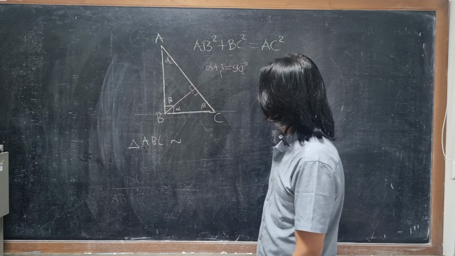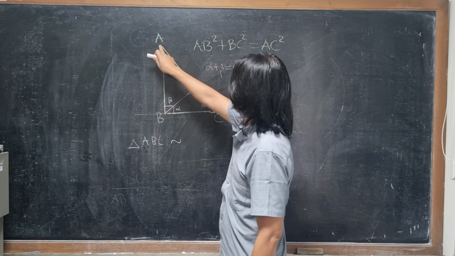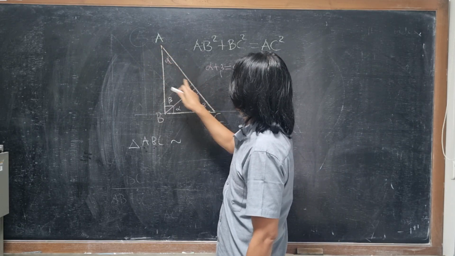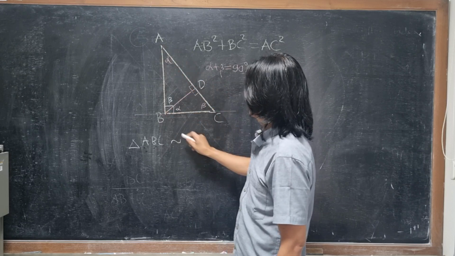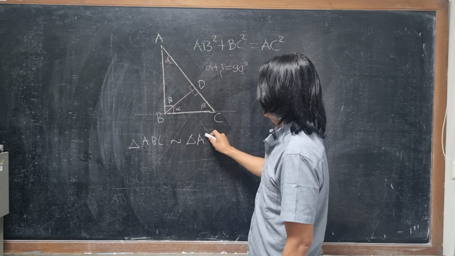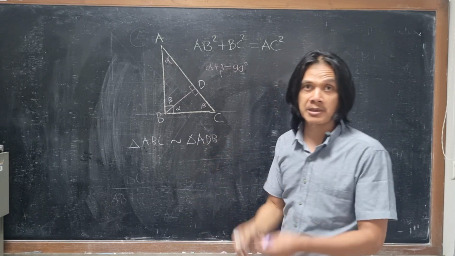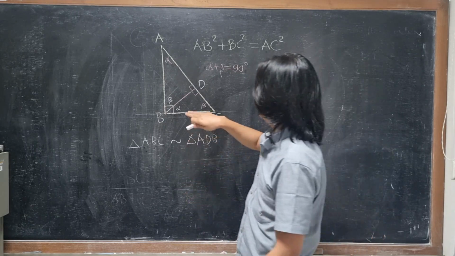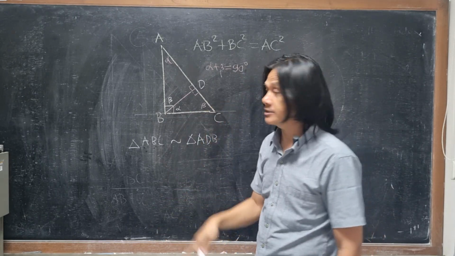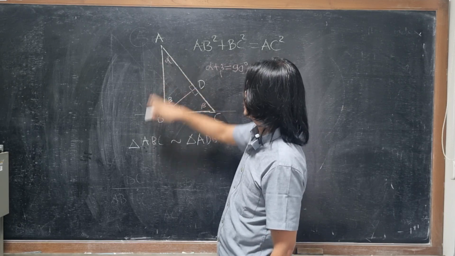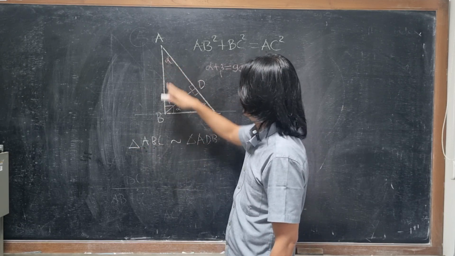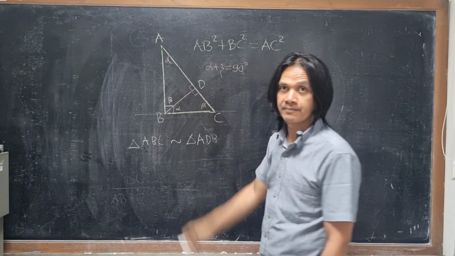So this one is similar to, for example, what? Let's call this point D. ADB. Why is that? Because similar to the previous one, the corresponding angles are alpha, 90 degrees, beta.